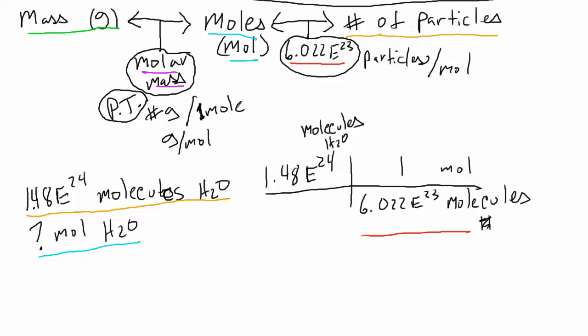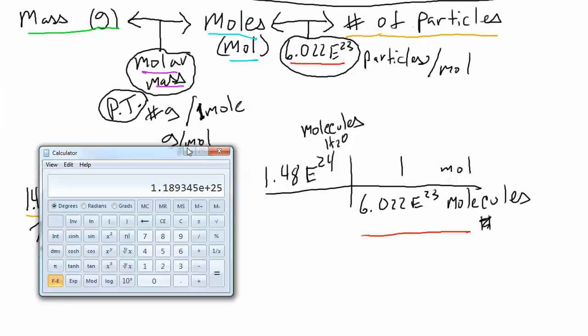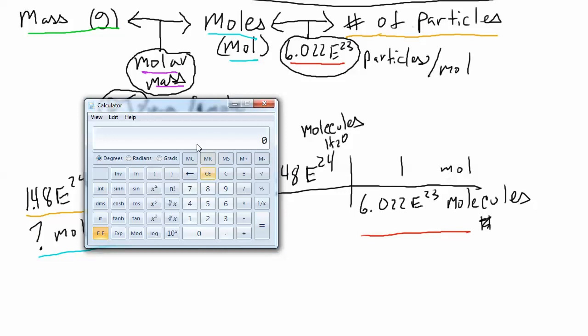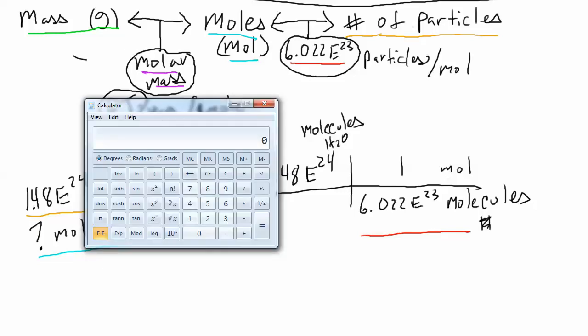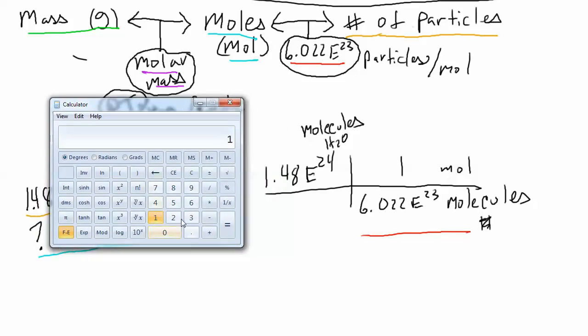So let me bring the calculator back. We're going to enter in 1.48 e to the 24 divided by 6.022 e to the 23.